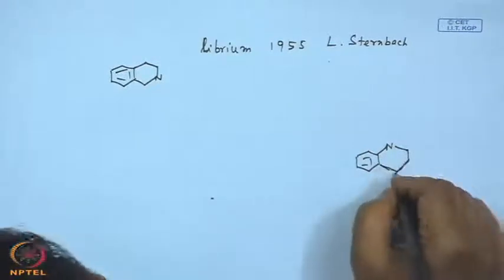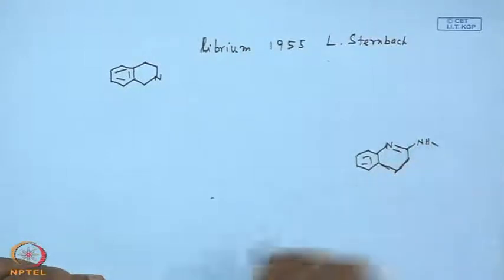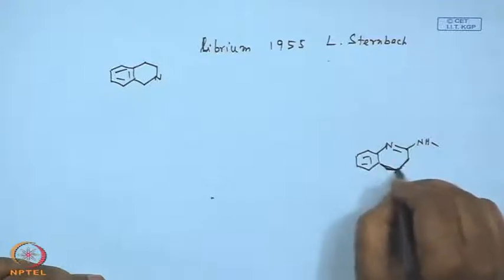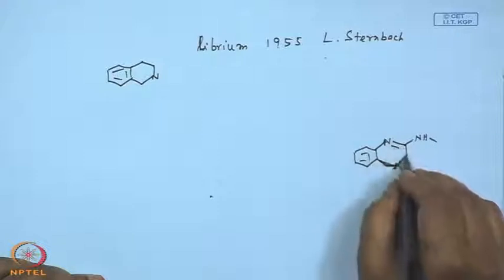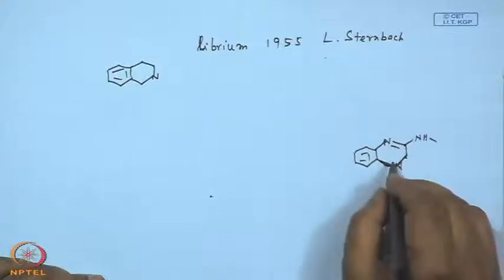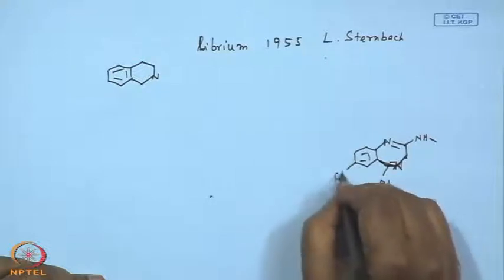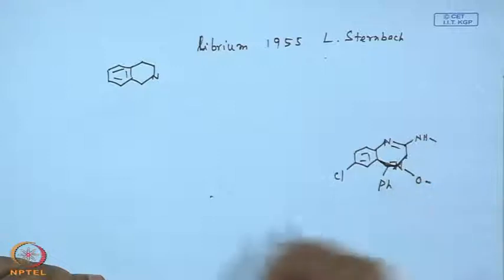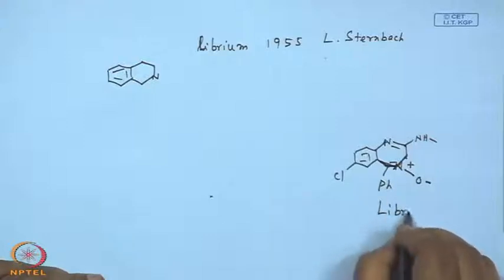A 7 membered ring, with NH, and this is a methyl group here. Nitrogen 1, 2, 3, 4, 5, 6, 7, right. Nitrogen here, phenyl, and there is a chlorine here, and this nitrogen is having oxygen minus, this is plus, this is an N-oxide. So, this is actually known as Librium.